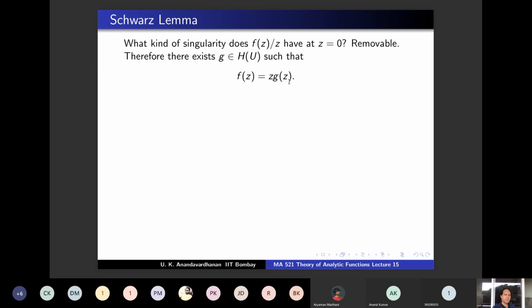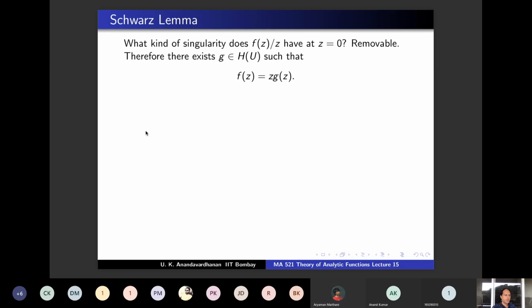And what is g at 0? I need to define g throughout U. So g at z not equal to 0 is f z by z. When you remove the singularity, what is g at 0? It should be f prime 0, right? That's how we remove the singularity.